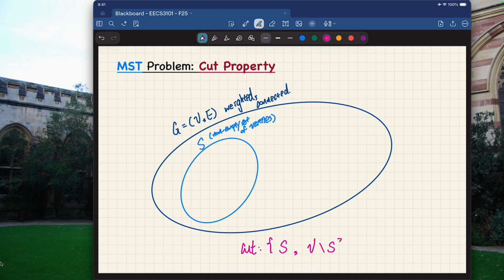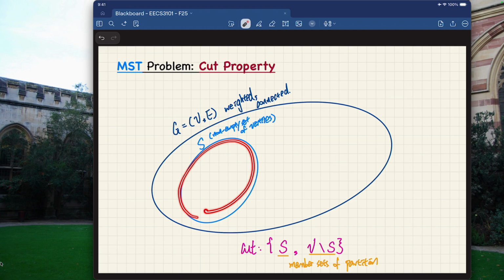You can think about these as the two member sets of the partition. If you recall the definition we just spoke about, a cut is a special partition with only two member sets. So as long as you can find any S that's not empty, you can always find a cut accordingly, because the other set here will just be everything else.